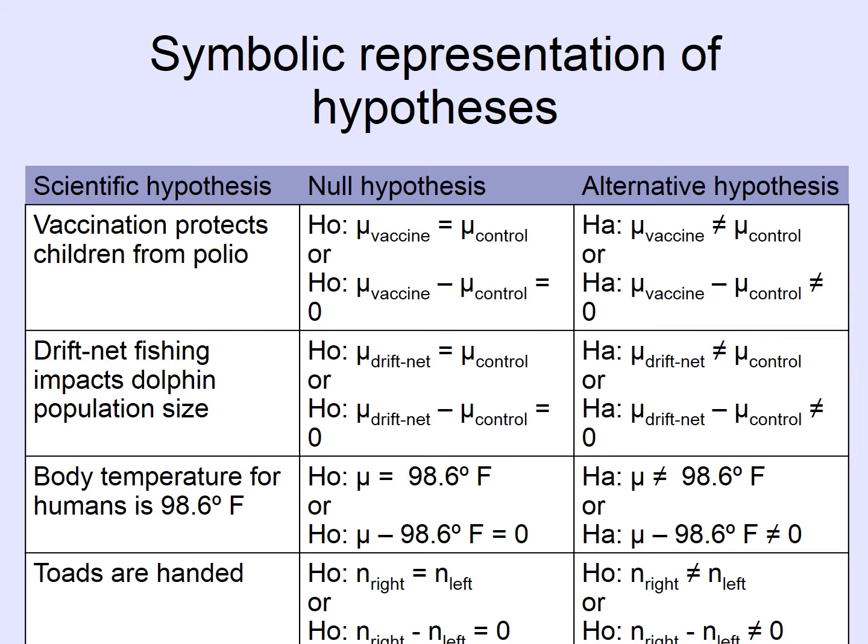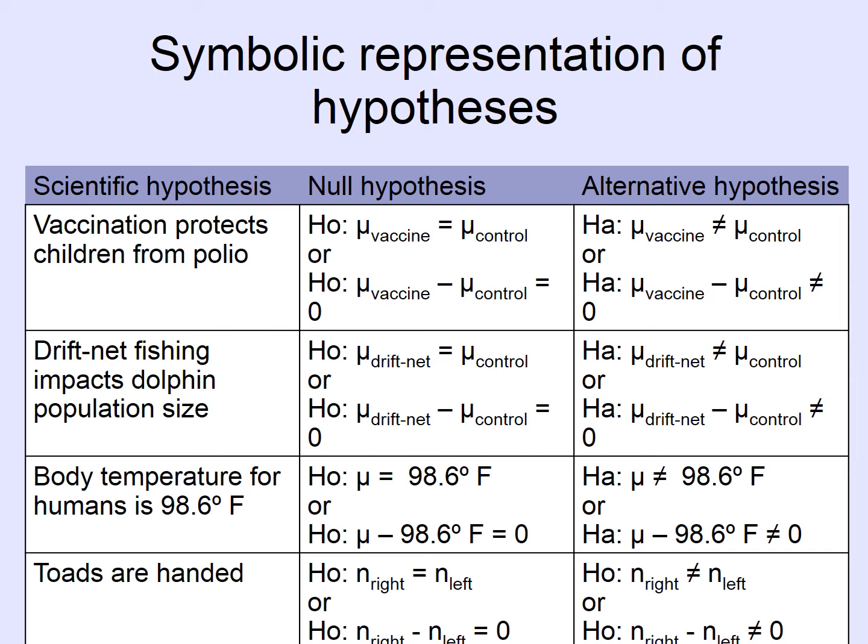So we have basically the mean polio infection rate of the vaccinated children is equal to the mean polio infection rate for unvaccinated kids who serve as the control.